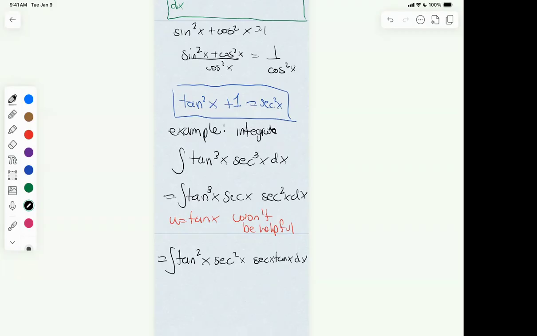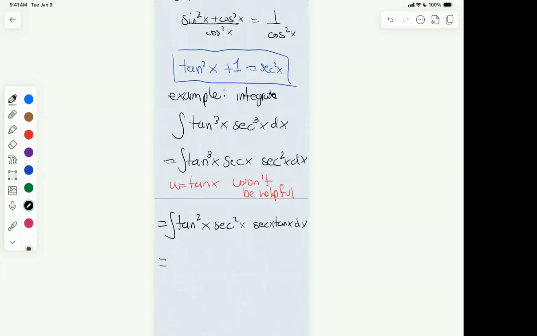But then you have to deal with the tangent squared. But you can deal with it because tangent squared is secant squared minus one. So I'll put here secant squared of x minus one times secant squared of x times secant of x times tangent of x.